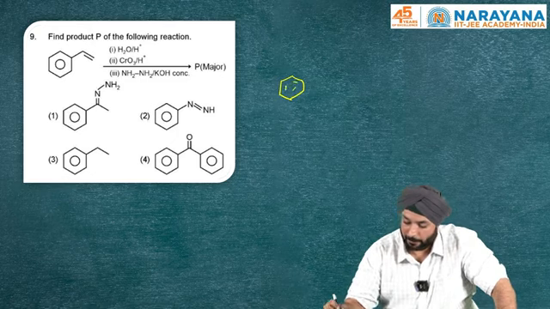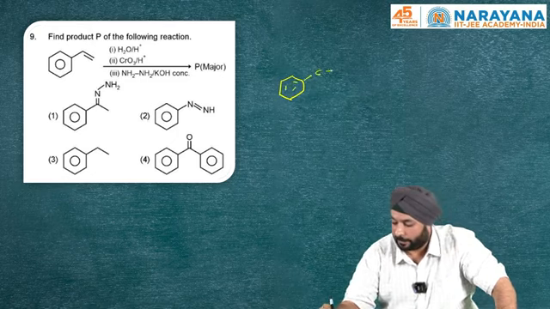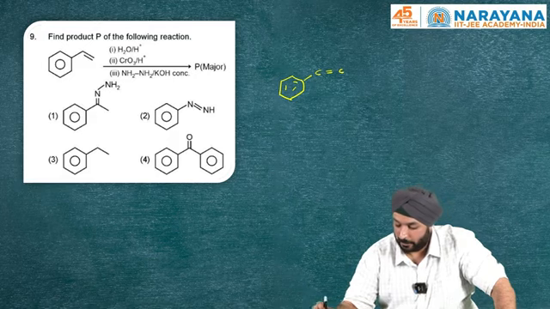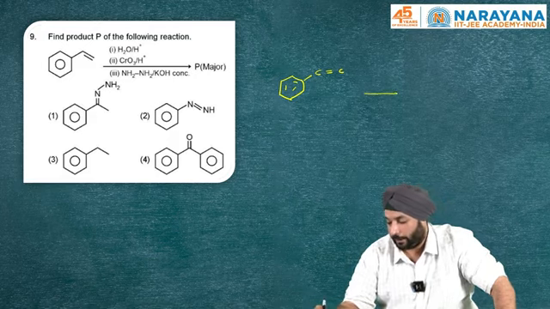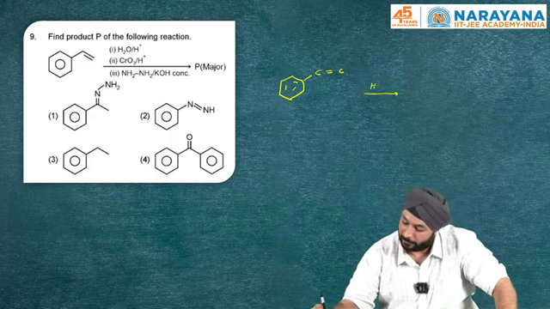So you have C double bond C. I have C double bond C here, benzene, and we are doing an electrophilic addition reaction.